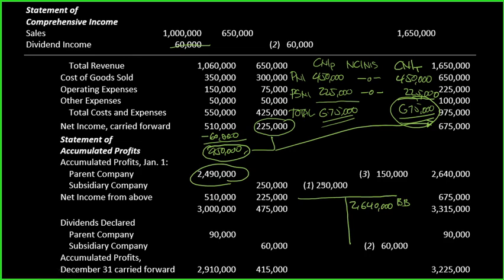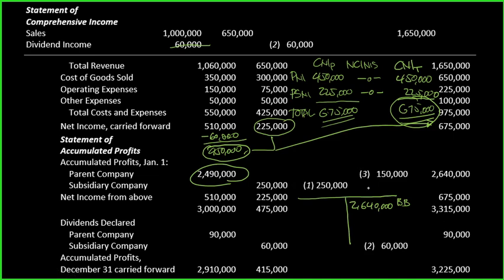Another thing to remember: if the parent is using the equity method, the parent's reported net income will always be equal to the consolidated net income, and the parent's retained earnings will be the consolidated retained earnings. In this case, it's the cost method, so it's different.